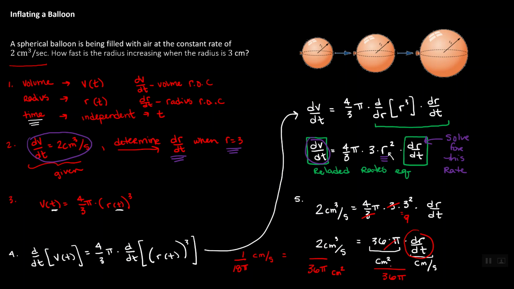So we have dr/dt is equal to 1 over 18 pi centimeters per second. And that's only true at the value where the radius is equal to 3 centimeters. So how fast is the radius increasing when the radius is 3 centimeters? It's increasing at 1 over 18 pi centimeters per second.